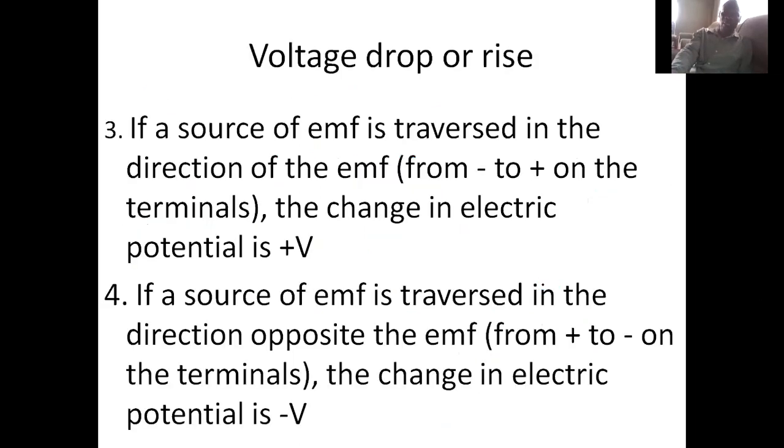In other words, what it means here, as we are indicating, if a source of electromotive force, which is the voltage, is traversed in the direction of the electromotive force, that is from negative to positive on the terminals, the change in electric potential is positive.